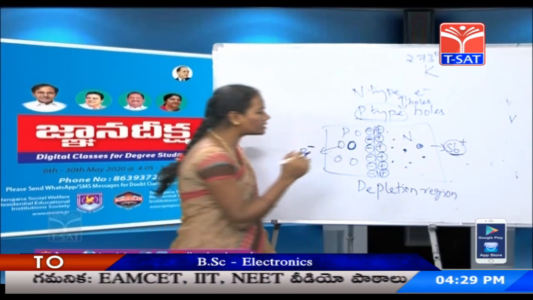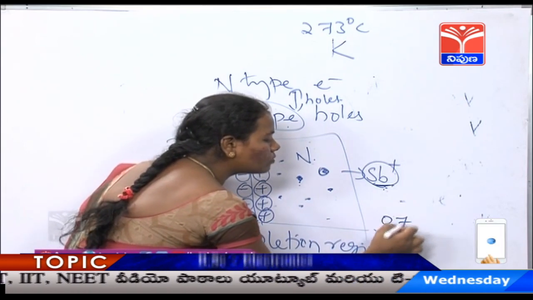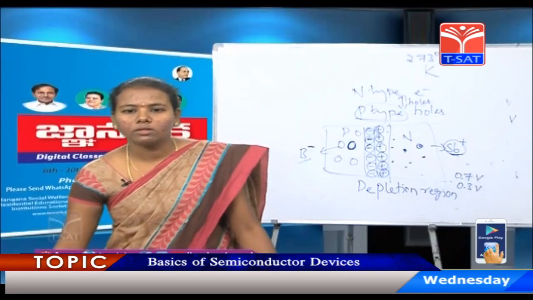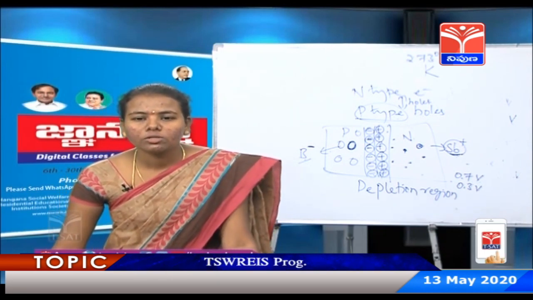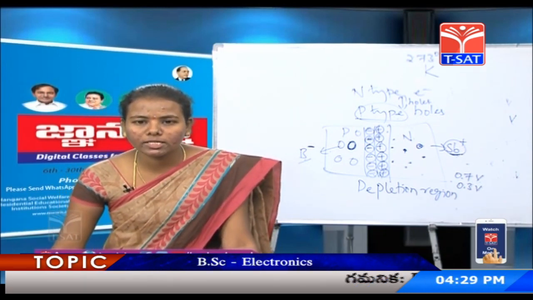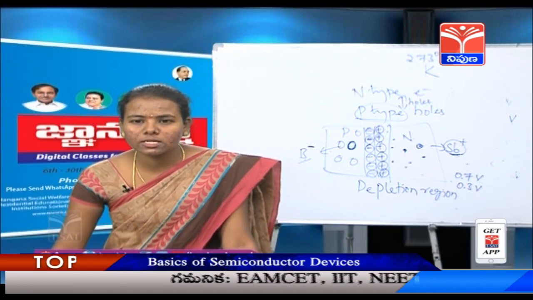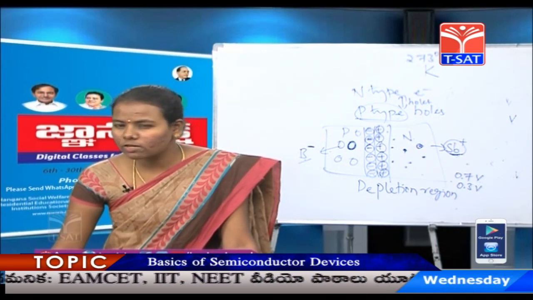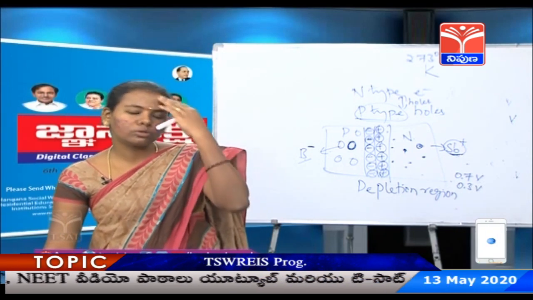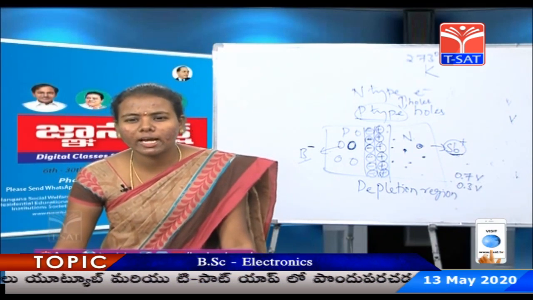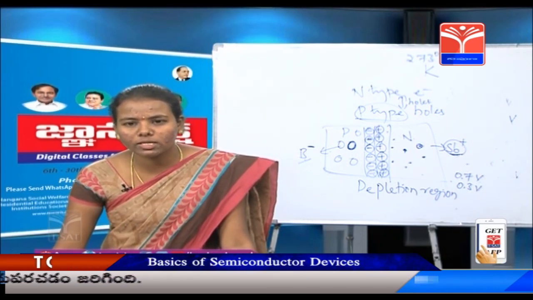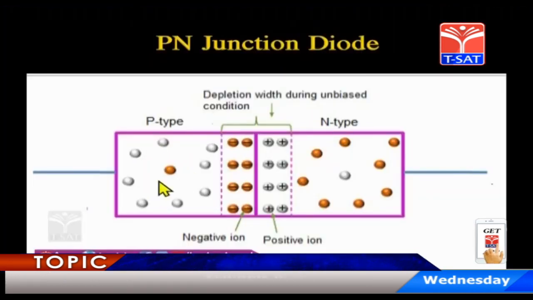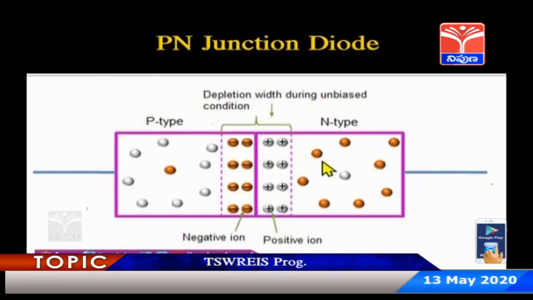For silicon, it is about 0.7 volts. So there are ions formed at the junction, right. The negative ions are formed at the p-type and positive ions are formed at the n-type. Positive ions are due to the electrons leaving the parent atom, that is why positive ions are formed here, and the p-type material is accepting the electrons, that is why they have formed negative ions.